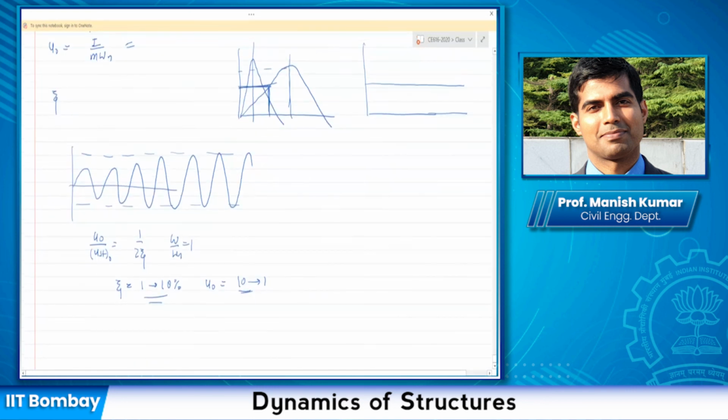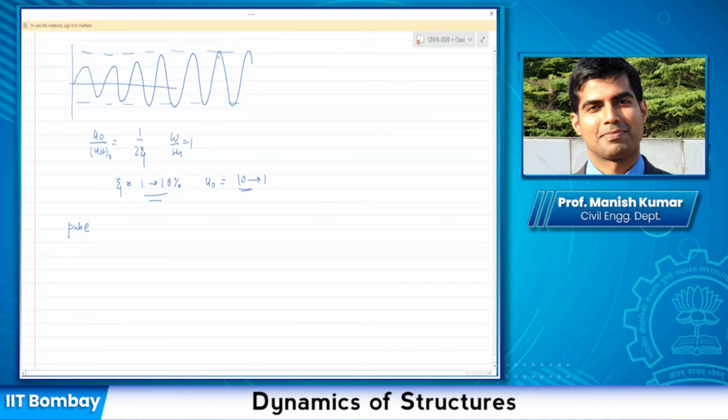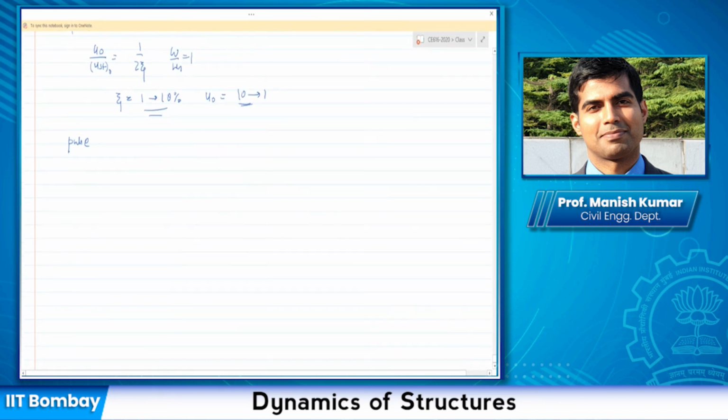However, for the pulse type motions, you can see how many cycles it goes through before it achieves the steady state response. However, for pulse type durations, the loading is so short that the structure does not get enough time to react. And how is energy dissipated in a structure? Because of relative movement between the structure, because of deformation. Although we approximate it as viscous damping, all those mechanisms.